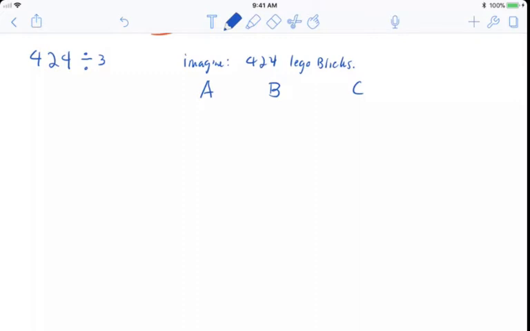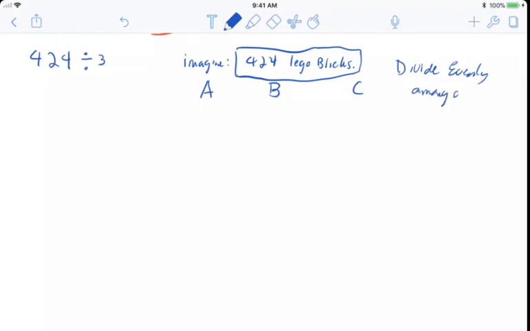But I have 3 children, and I want to divide this pile of bricks evenly among the children. Each of my kids is going on a voyage. They're never going to see each other again. I want to give them some Lego, but I want it to be fair. So I want each pile of bricks to have as many bricks as possible, but I want all of the piles to have the same number. How do I do that?